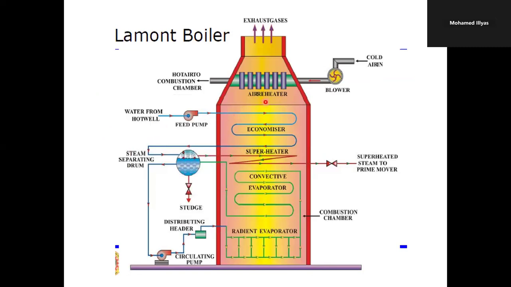Generally, if you consider the boiler construction, at the bottom of the boiler you see that we'll have a combustion chamber, where the fossil fuels, generally coal, will be burnt, and that hot gas is flowing from the bottom side of the boiler to the top side, and we'll provide various heat transfer devices when the gas is flowing over those devices.